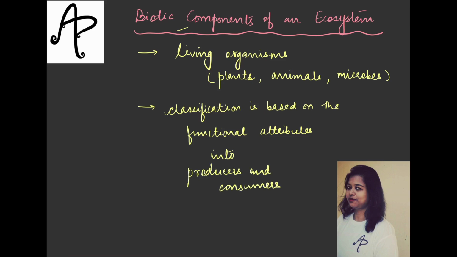The further classification of the biotic components, or let's say the living organisms, is the category of producers and consumers. So it is based on the function that they are performing, okay? And because in the ecosystem also we have talked about the structural and the functional unit. I hope you remember all the definitions we have done in the first video of the particular series. So here the producers and the consumers are the major classifications that's being talked about.